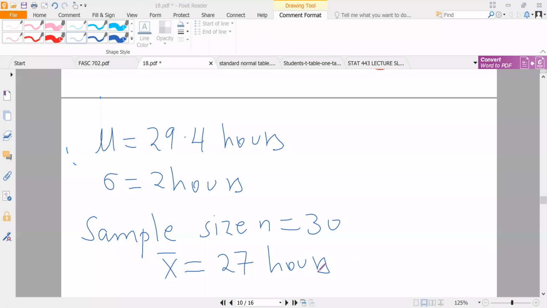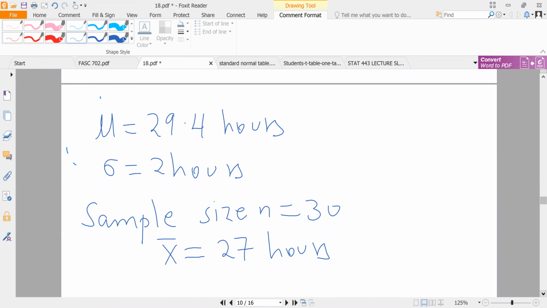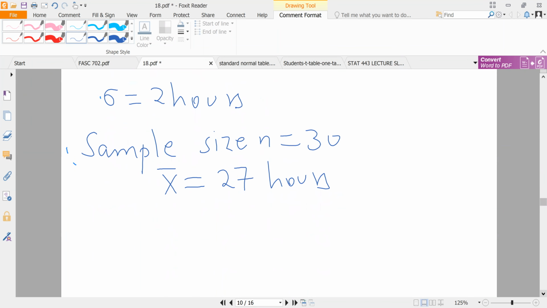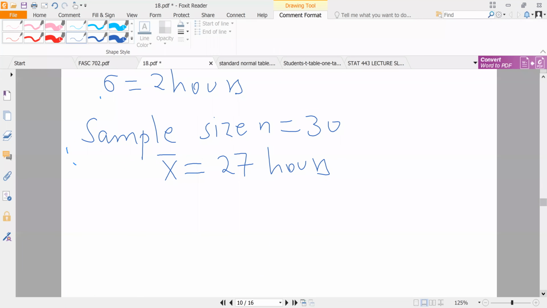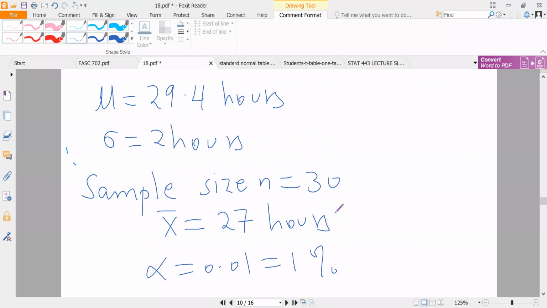Now, I want us to try and calculate the confidence interval at alpha equal to 0.01 or 1%. So at alpha equal to 0.01, which is equivalent to 1%, we want to derive the confidence interval for this population mean.